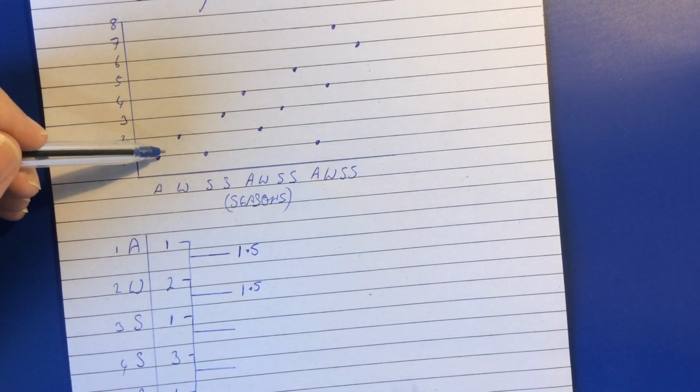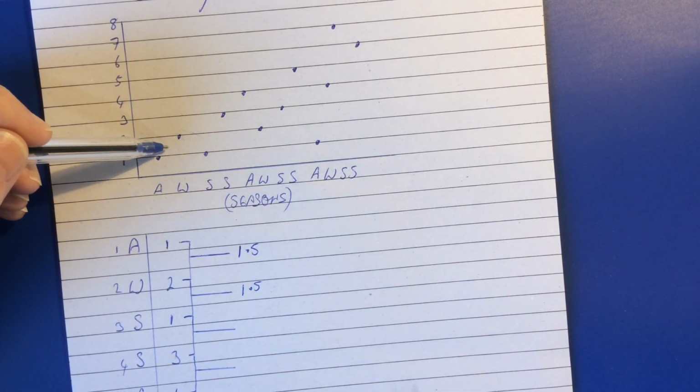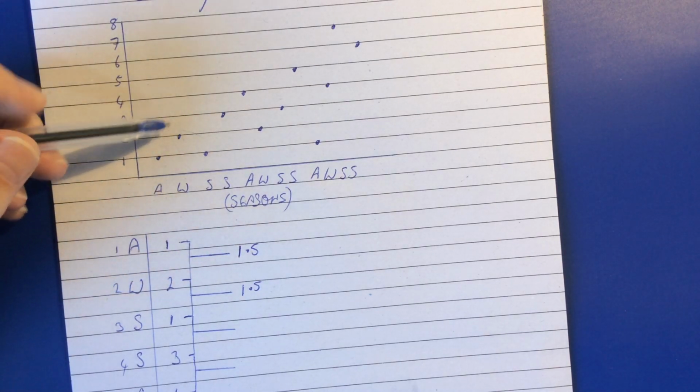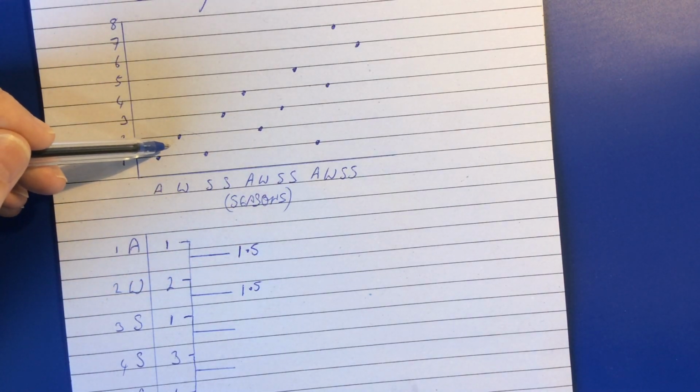Now, if I just take this point, 1.5, it would be here. It's halfway between autumn and winter. It's, as it turns out, halfway between these two points, not surprising given that it's the mean of these two points. But it's not in a position where it's useful to me.